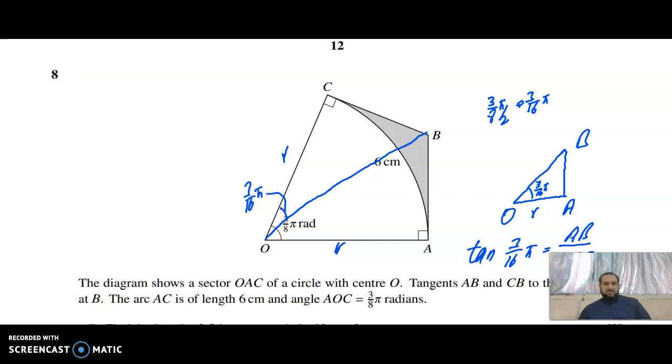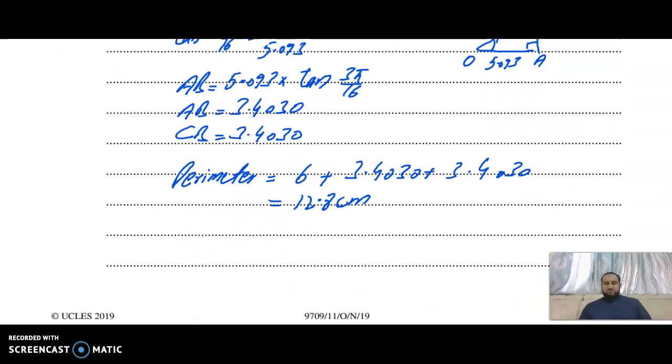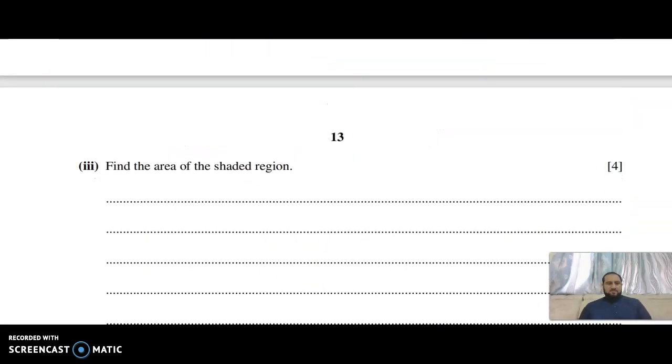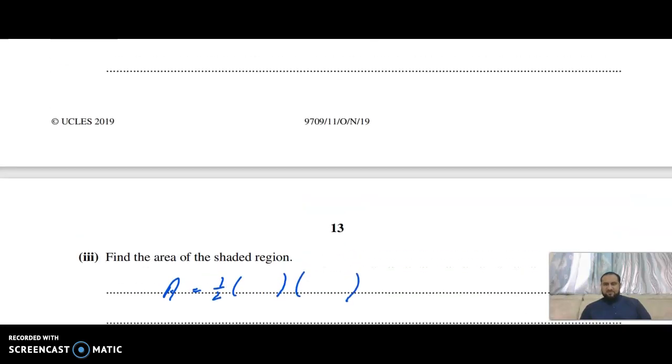If we subtract the area of the sector from the area of the triangle, we will know the shaded region area. So the area of triangle will be equal to half base times height.